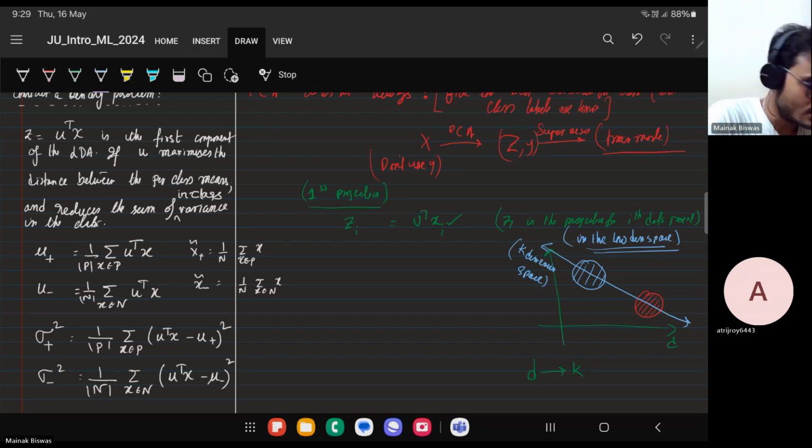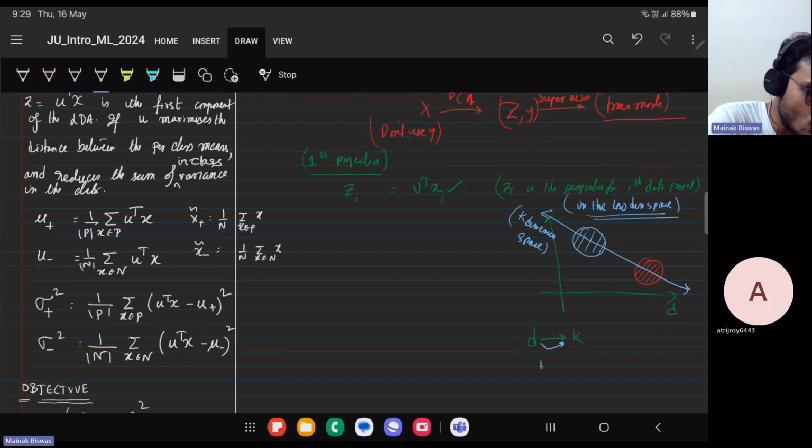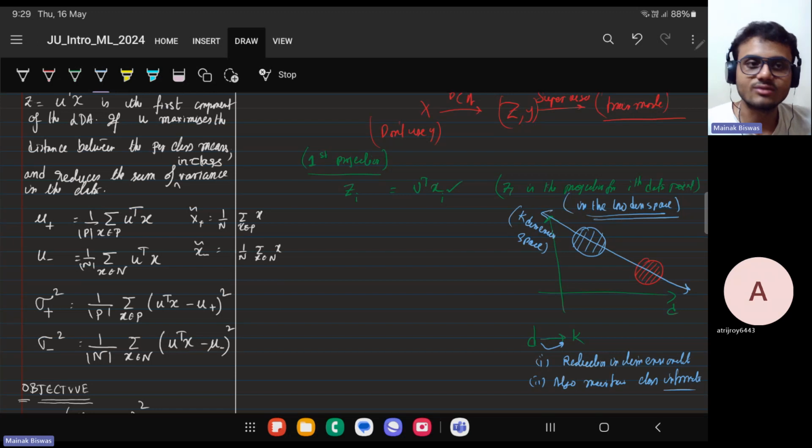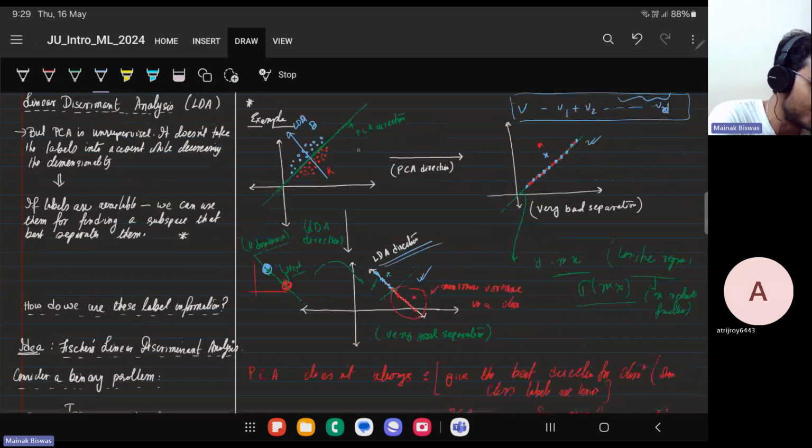So when I reduce the dimension, the desires are reduction in dimensionality, and also to maintain class information. I want to maintain the class information and not lose it like I lost it in PCA.